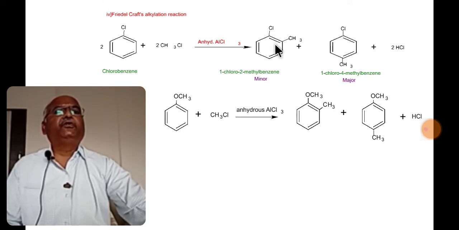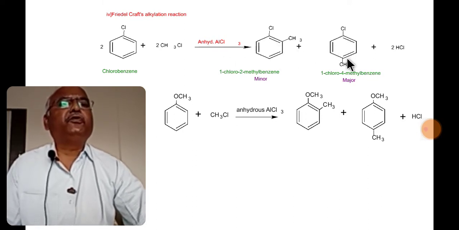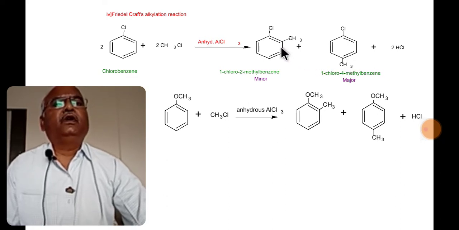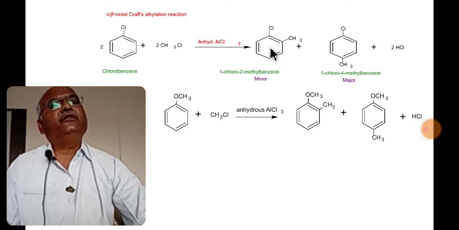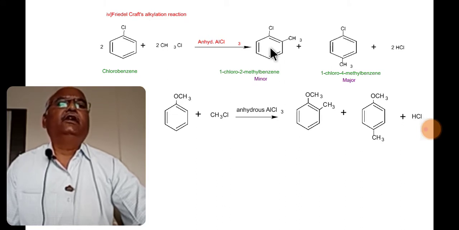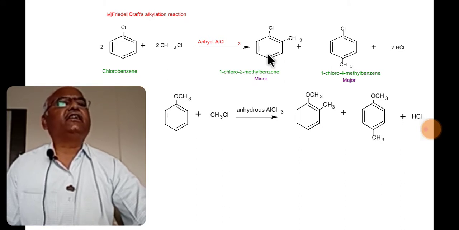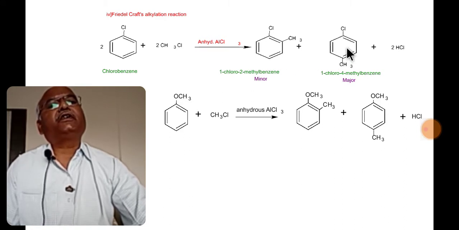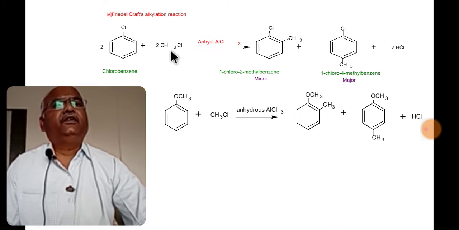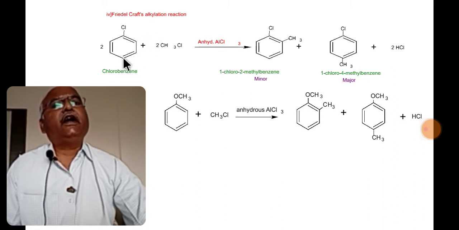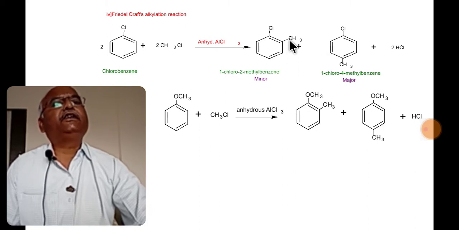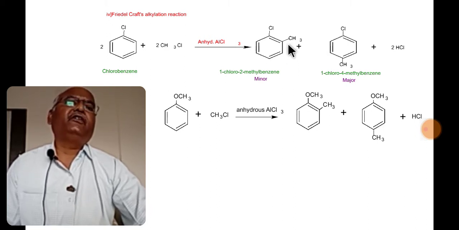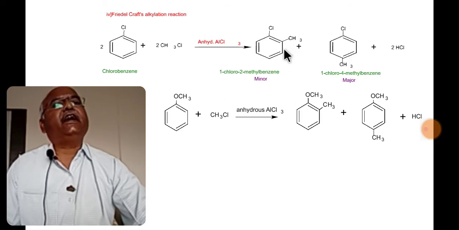Ortho substituted and para substituted products are produced. The ortho product is produced in less proportion due to steric hindrance, whereas the para product is the major product. Here hydrogen from ortho position or para position is replaced by an alkyl group. Therefore, it is known as alkylation reaction.